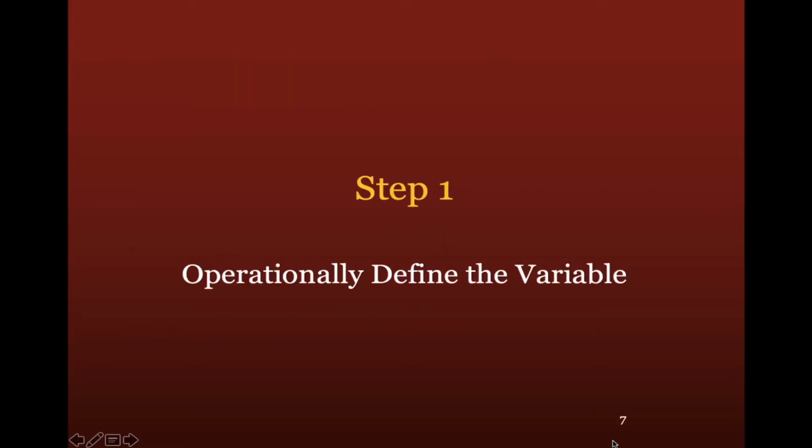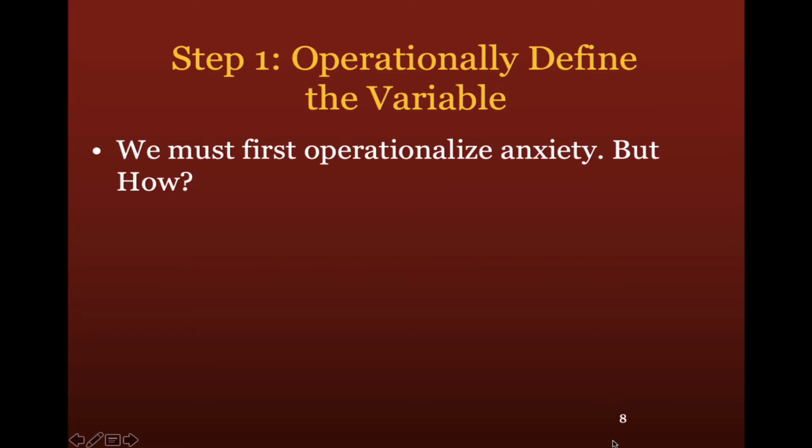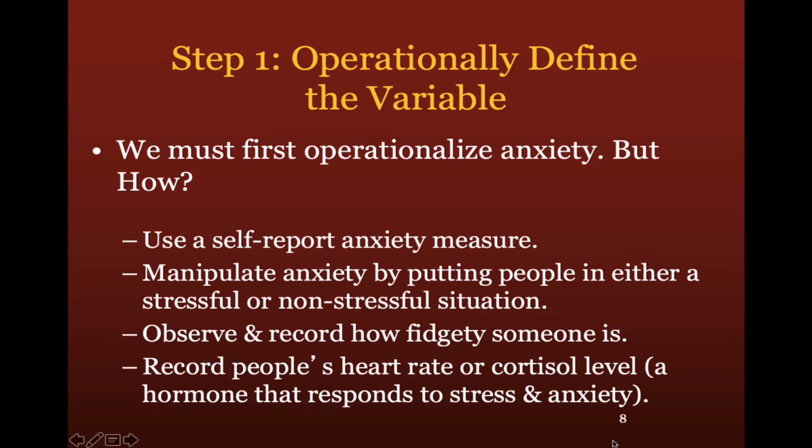So step 1, operationally defining a variable. So the first thing we need to do is operationalize anxiety. And the question is, how are we going to decide to operationalize anxiety? A couple different ways we can do it. We can use a self-report measure of anxiety. We could try to manipulate anxiety by putting some people in a stressful context, so one that will induce anxiety, or in a non-stressful context, so a context that won't induce anxiety.